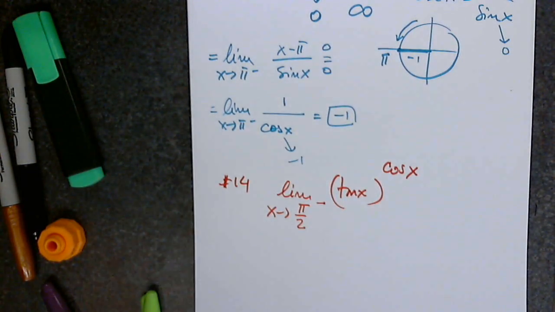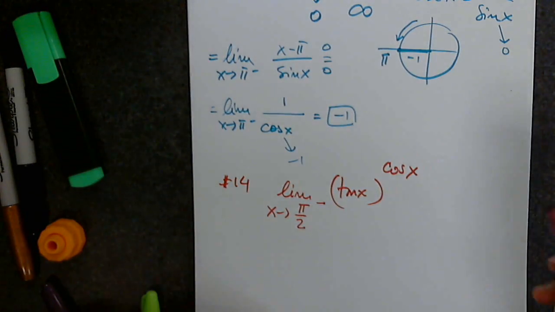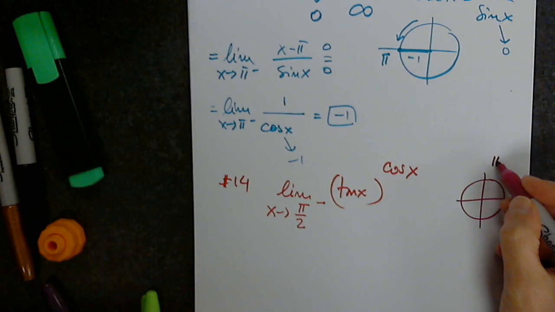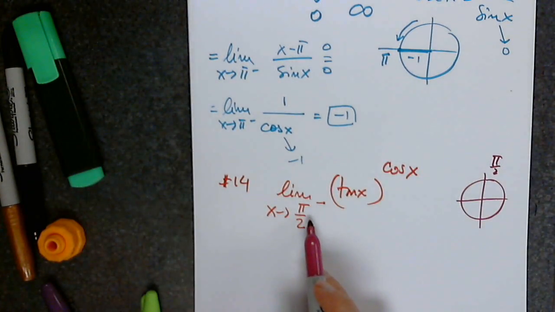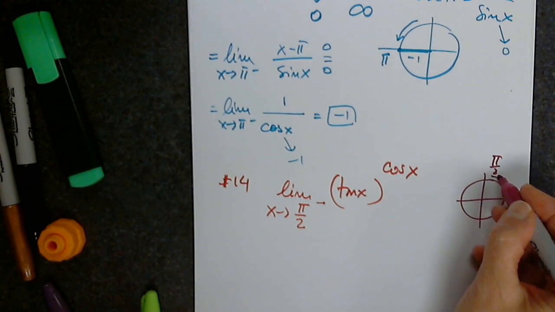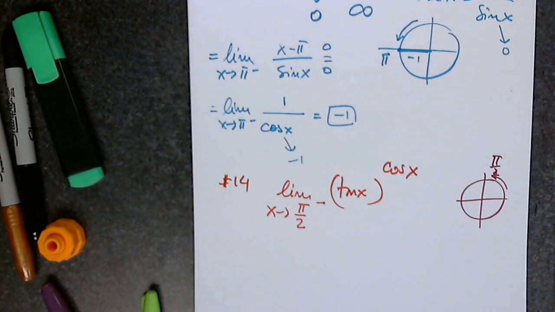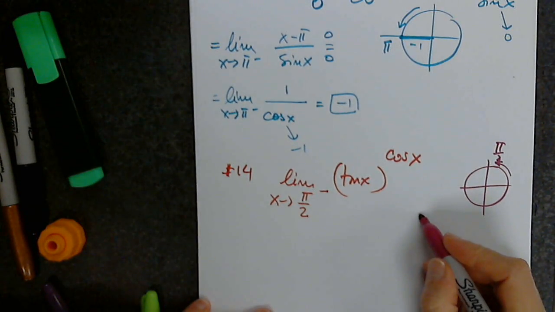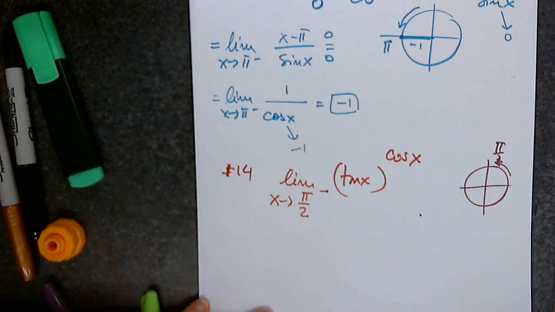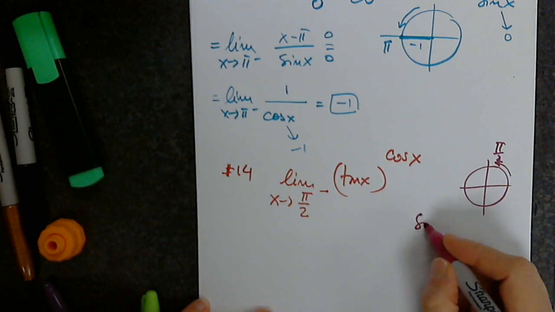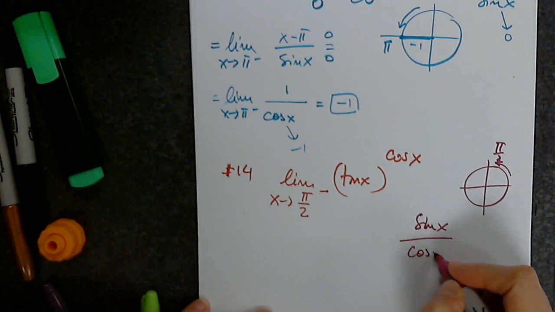Yes, yes. So as x approaches pi over 2 with angles smaller than pi over 2, what happens to tangent? Where does tangent go? We don't have to think in terms of tangent if you don't want to, or you can think in terms of a graph, but also you can think in terms of sine x over cosine x.